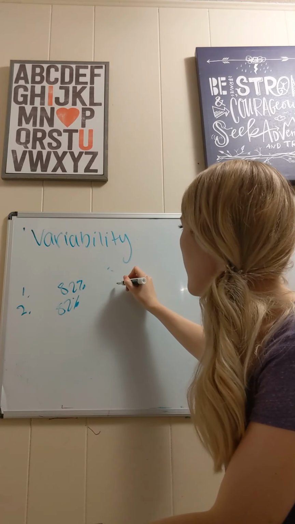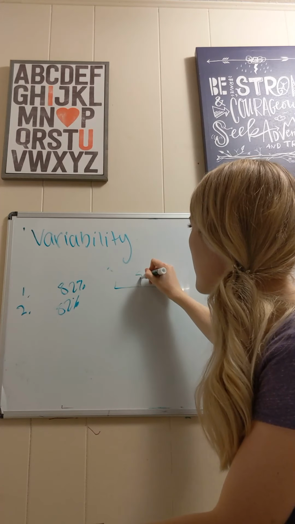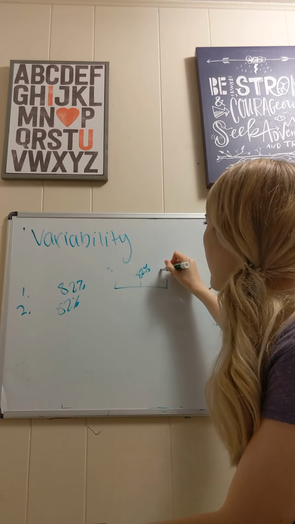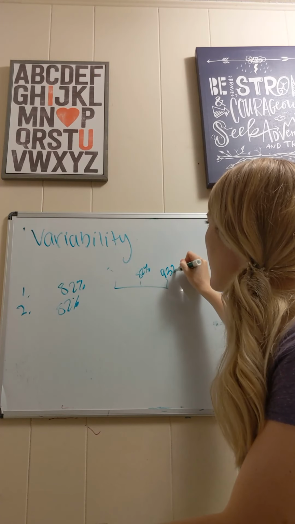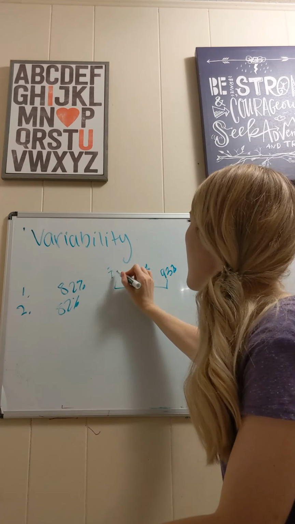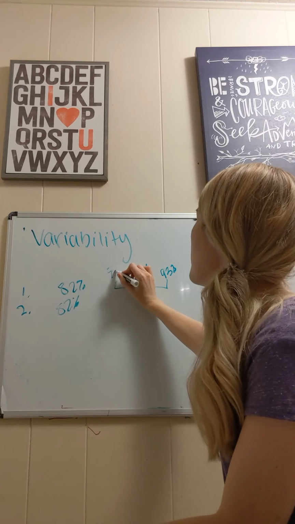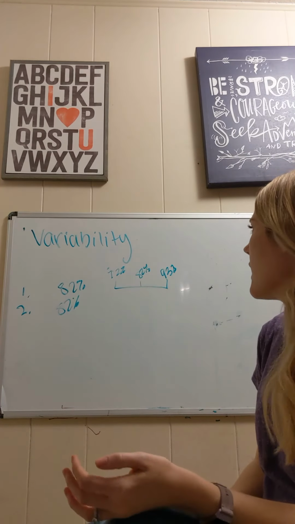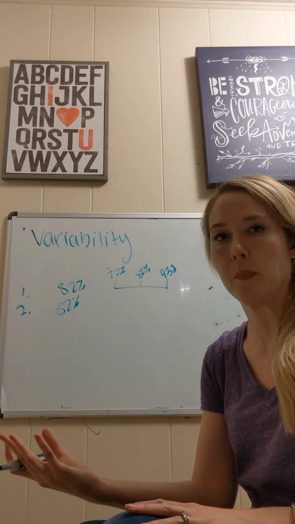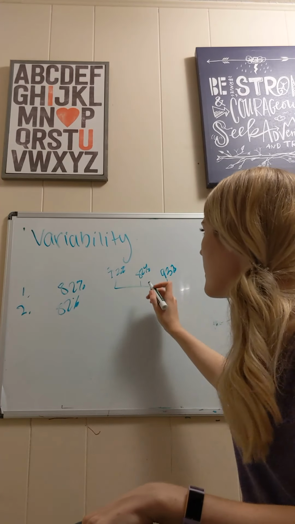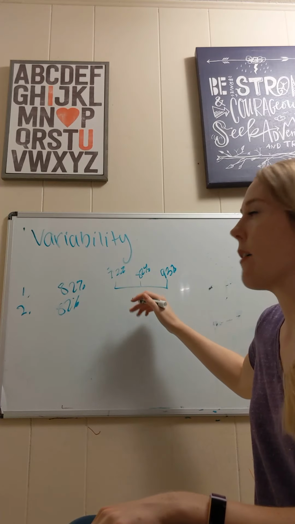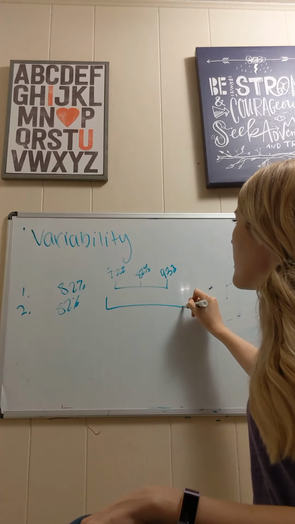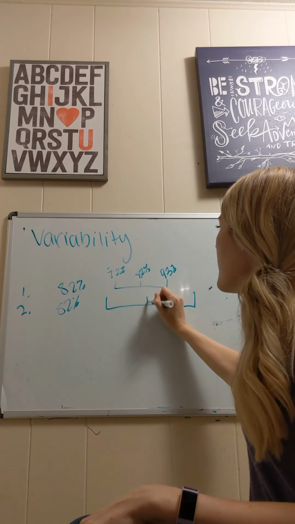So let's say this first class ranged from, let's see, here's the middle, 82%, ranged from a 93% to a 72%, okay? So they scored like a low C to an A in that class. But the median or the average was still an 82. But in class number 2, let's say the range was a lot different.